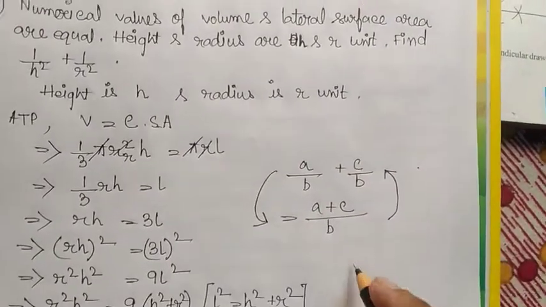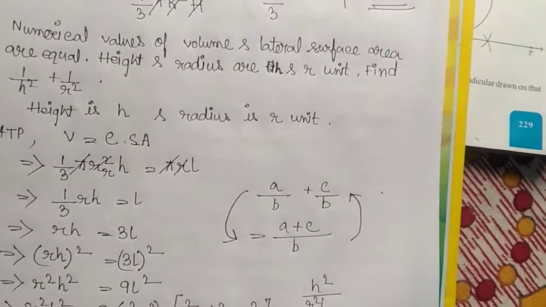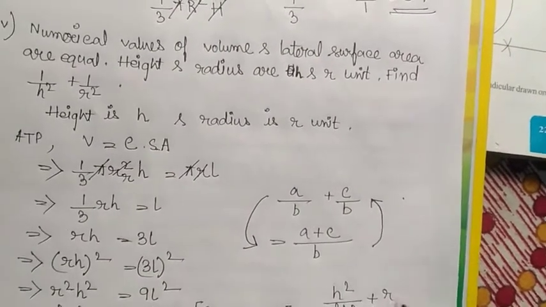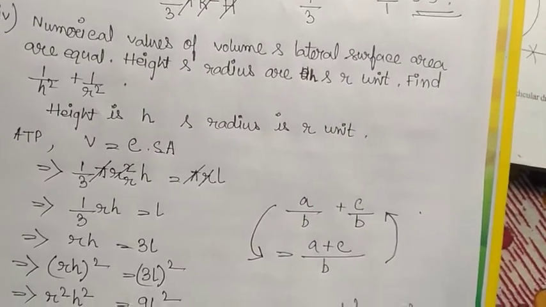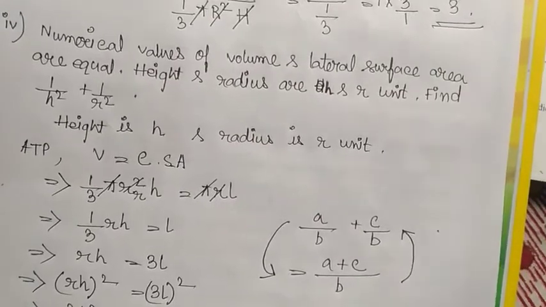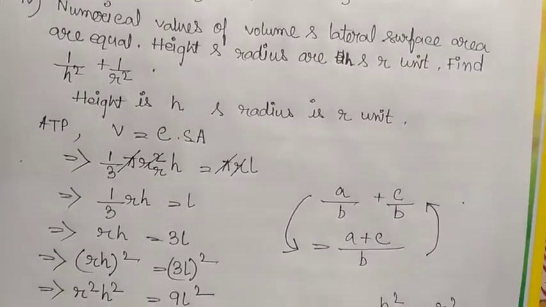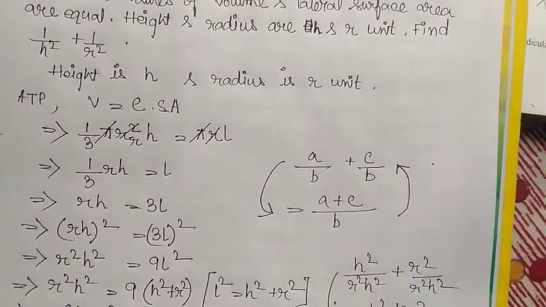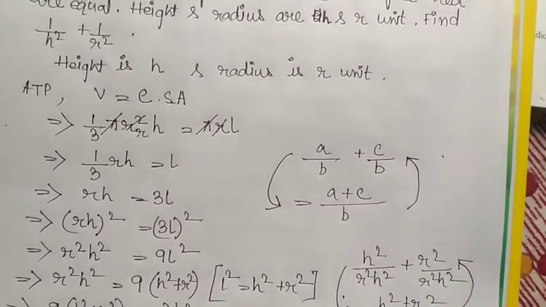So if we add h square by r square h square plus r square by r square h square, both fractions' denominators are equal, so the LCM is r square h square, so this should be h square plus r square. So we can write from this to this also.